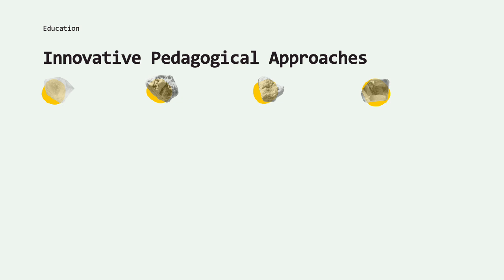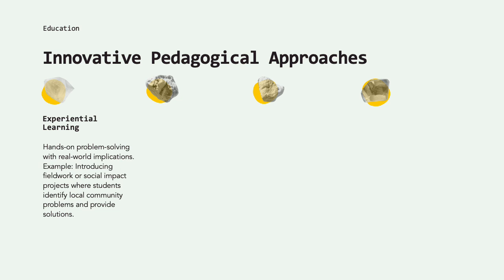What are some innovative pedagogical approaches? Experiential learning, hands-on problem solving with real-world problems. An example for this would be introducing fieldwork or social impact projects where students identify local community problems and provide solutions.